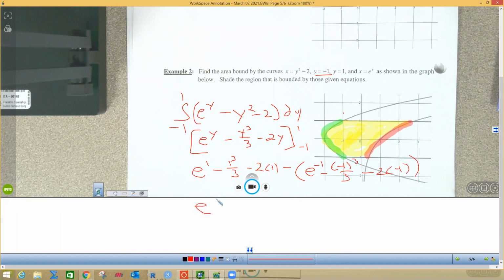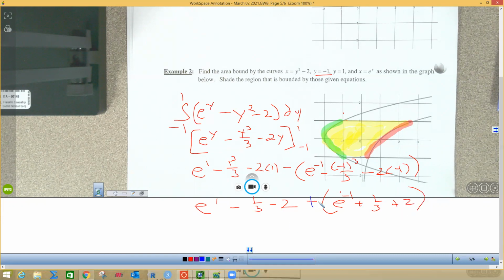Over here I get e to the first minus a third minus 2, minus e to the negative 1 minus, this would be negative 1/3, so negative makes positive 1/3. And then this would be plus 2. And I have to distribute my negative sign.